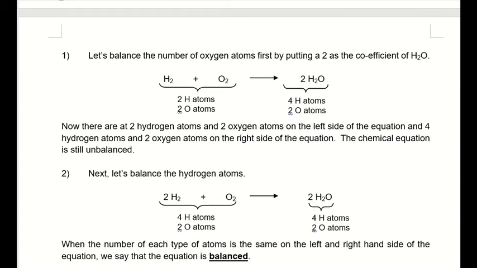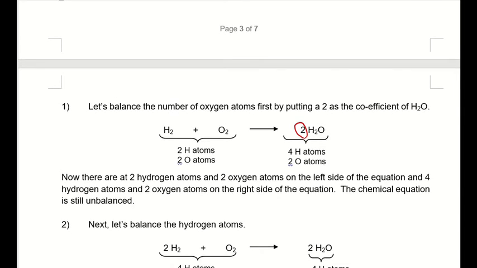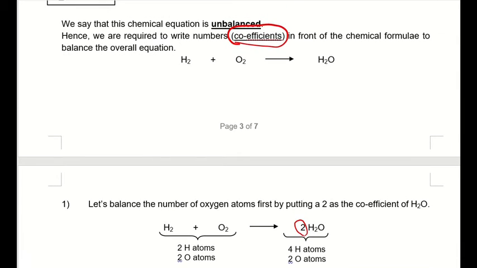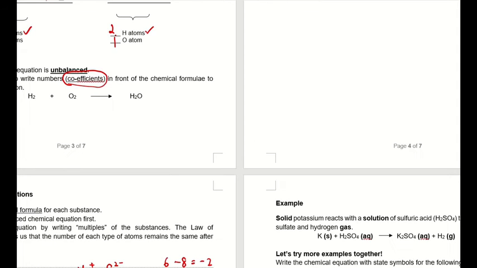So how can I balance this out for hydrogen and oxygen? By multiplying maybe the water with 2. Okay, because I want to make the oxygen 2. Can you see, originally the oxygen is 1.